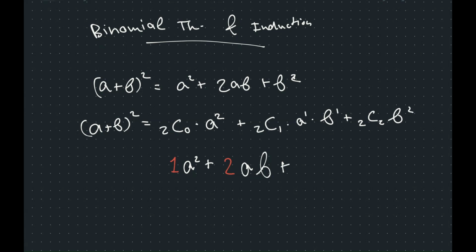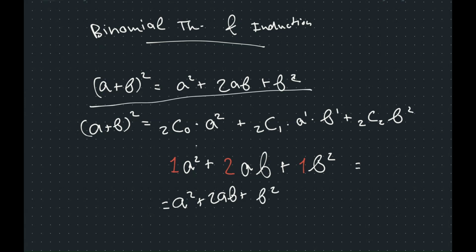Plus, let me put 2C2. What will I get? I will also get 1. So 1 times b squared. And what is this equal to? A squared plus 2ab plus b squared. And isn't this formula that we learned before? This is how it really comes from.